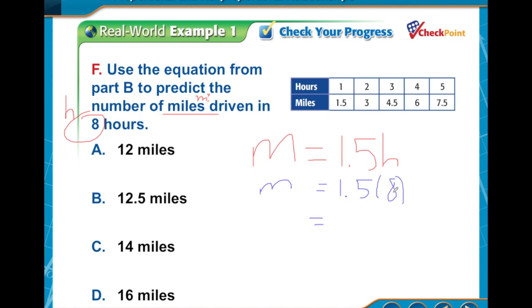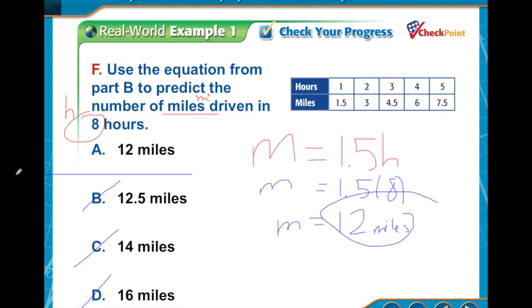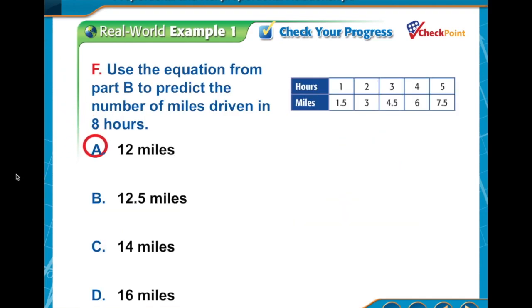Plus half of 8 would be 4. And 8 and 4 together, added as a sum, would be 12. And you can multiply that out to double check. So how many miles went by in 8 hours? How far did they go? 12 miles. So we know B, C, and D are out. A is our solution on this one.